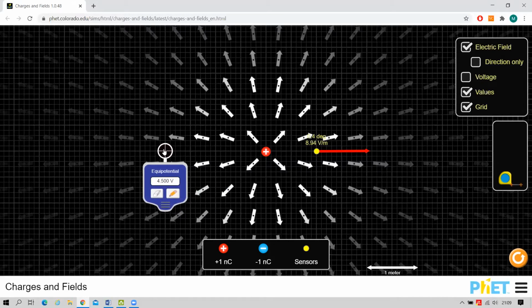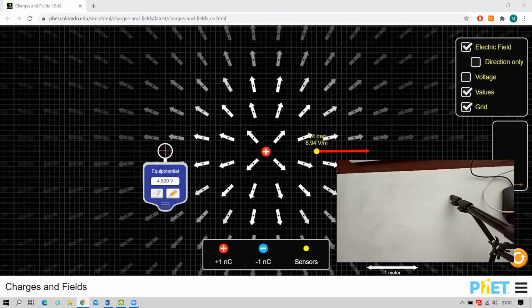Let me bring this over here. That's at a distance of 4 squares from the source. Since 2 squares is 1 meter, it's 2 meters away from the source. 2 meters away from the source, the voltmeter reads 4,500 volts. But is it true? You can also check this in fact.